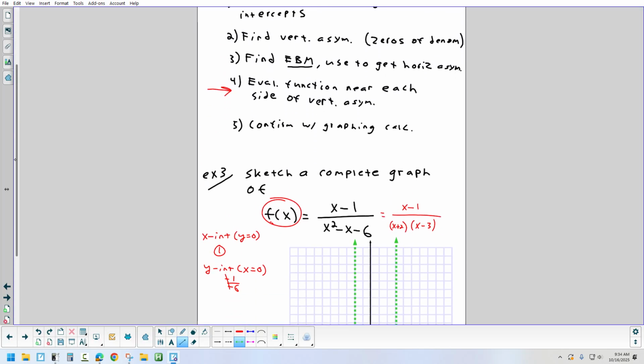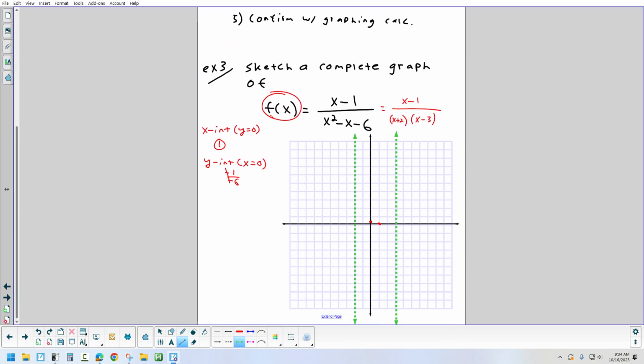Let's find the end behavior model, or EBM, to see if there's a horizontal asymptote. Let's try actually writing it. What's my EBM going to be in this case? x over x squared. Yep. And what does x over x squared reduce to? 1 over x. Okay, so now we've got the EBM.